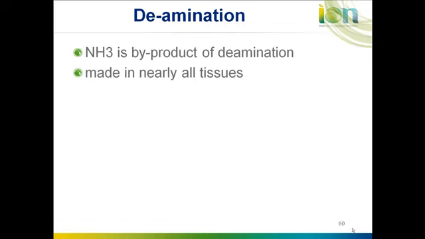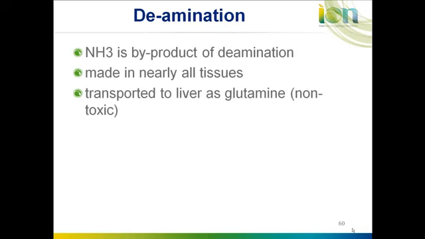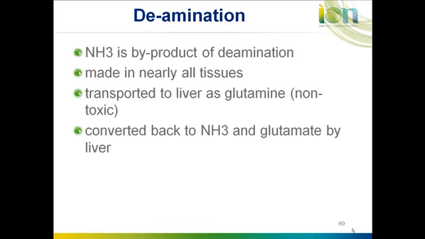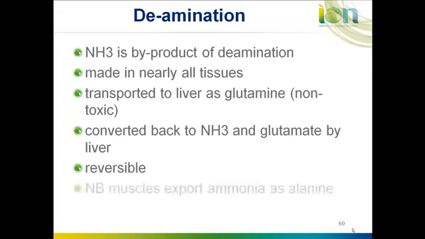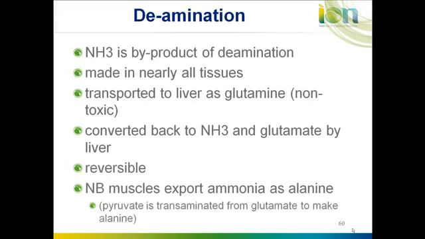But in order to transport ammonia to a place where it can be excreted, it's usually metabolized into glutamine, or in the case of muscle it can be used to add to pyruvate to generate the amino acid alanine, and in that form it's transported in the blood back to the liver, where we undergo the urea cycle, which is where we generate urea, which is the main nitrogen containing substance of urine. It's a reversible process, and as I said, muscles export ammonia as alanine.